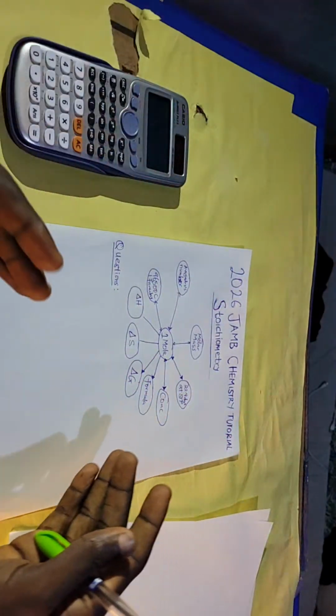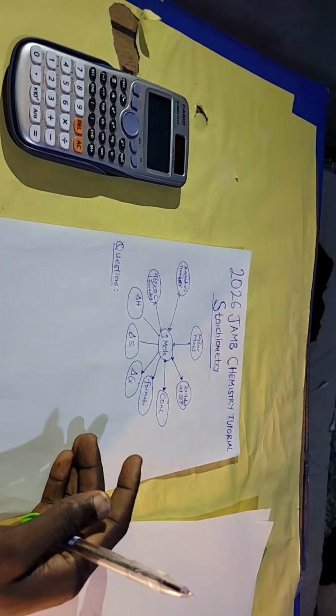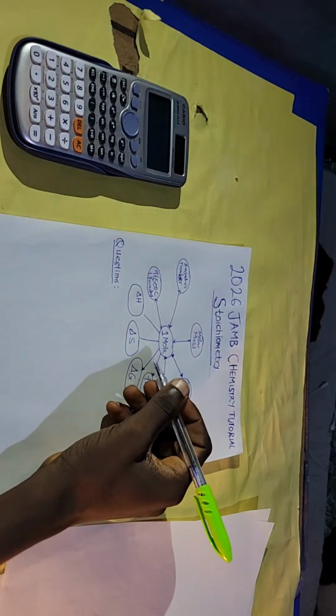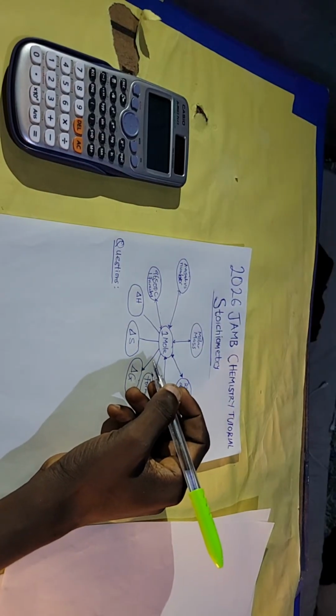Before, let me introduce to you what stoichiometry is all about. As I've said, stoichiometry is a calculation aspect of chemistry. It comes from two words.